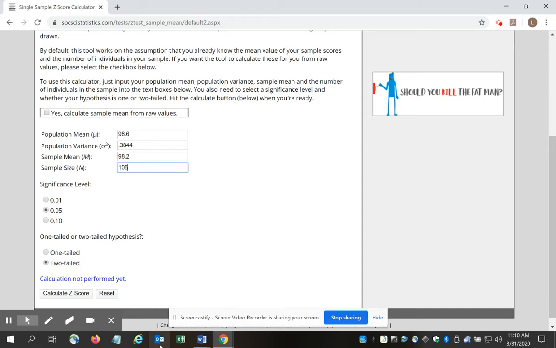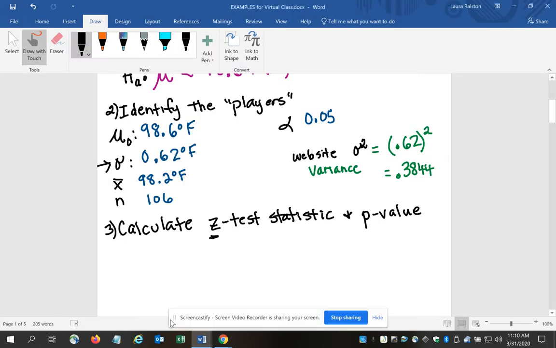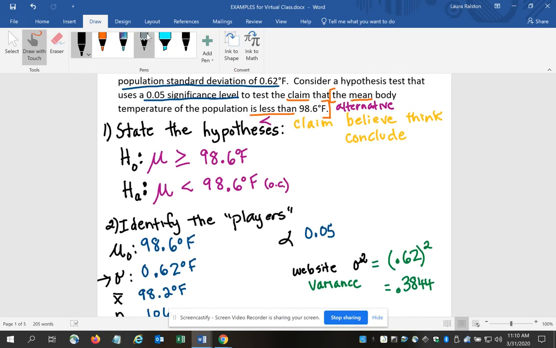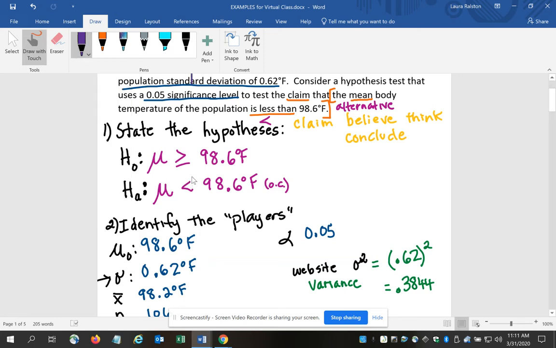And the one piece where we didn't make a decision a while ago is we have to decide, do we have a one-tail or a two-tail test? To make that decision, you look at the symbol in the alternative hypothesis.